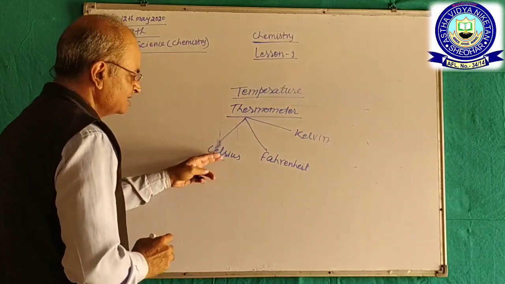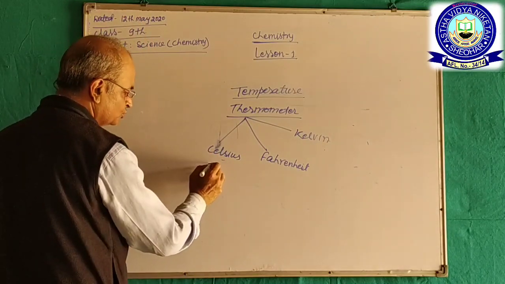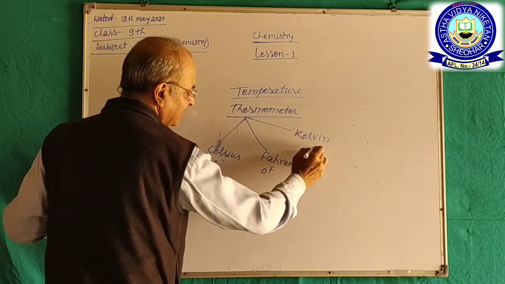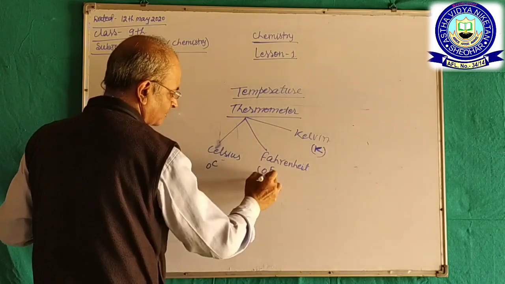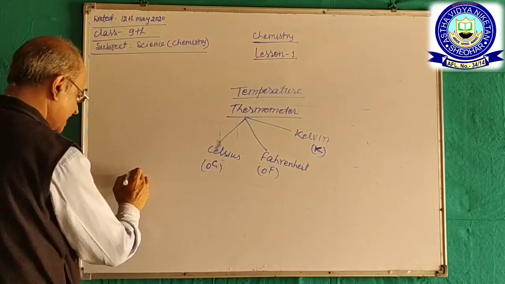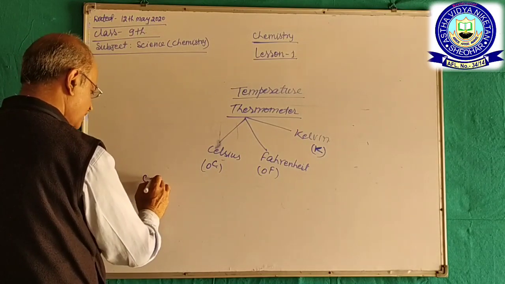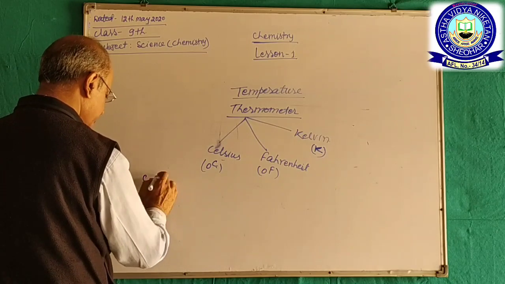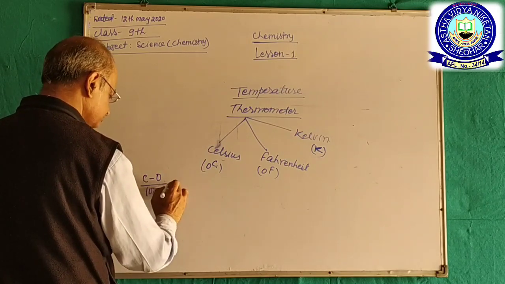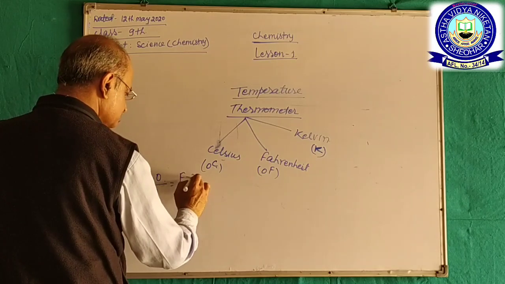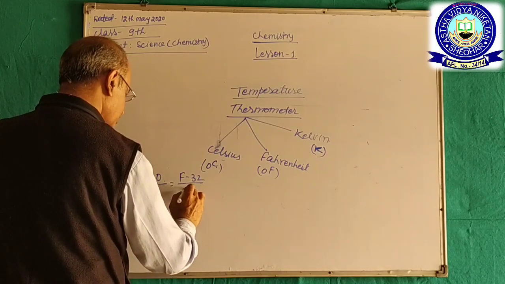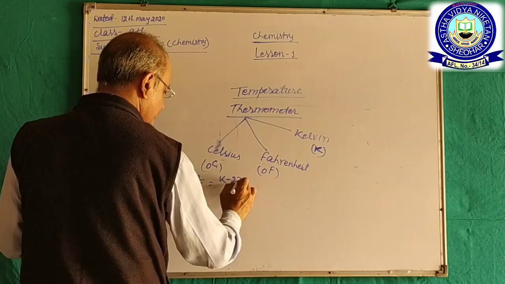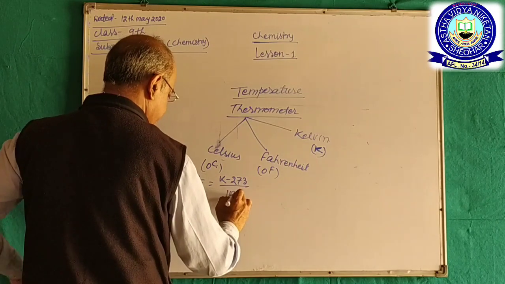Celsius is written as degrees C, Fahrenheit as F, and Kelvin as K. One relation is (C minus 0) by 100 is equal to (F minus 32) by 180 is equal to (K minus 273) by 100.